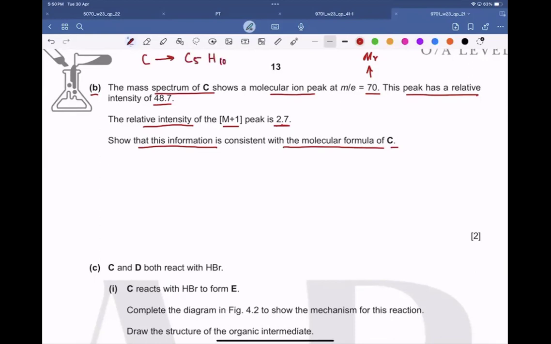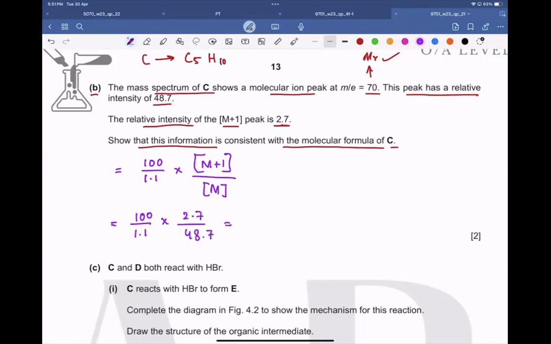We got the Mr, and now we have to find the number of carbon atoms. The formula for the number of carbon atoms is 100 upon 1.1 times the intensity of the M plus 1 peak over the intensity of the M peak. So 100 upon 1.1 times 2.7 over 48.7.